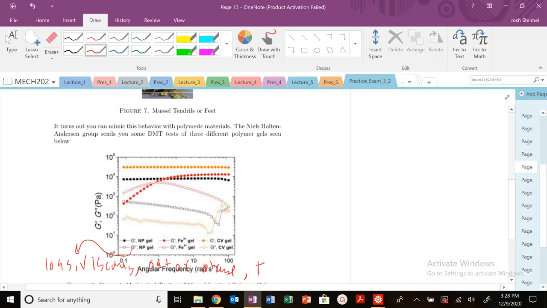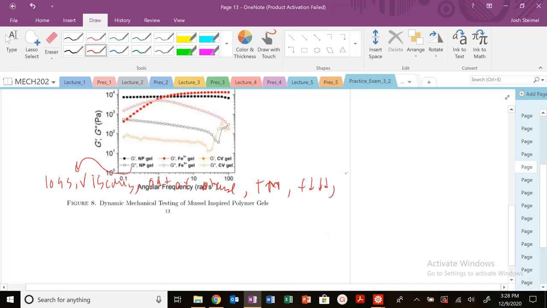Again, this dominates at temperatures that are very high, at frequencies that are very low, at strain rates, gamma dot, that are very low, and at times that are very long. Time-temperature equivalence.